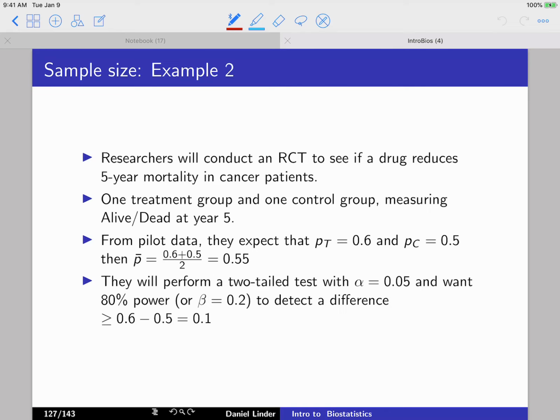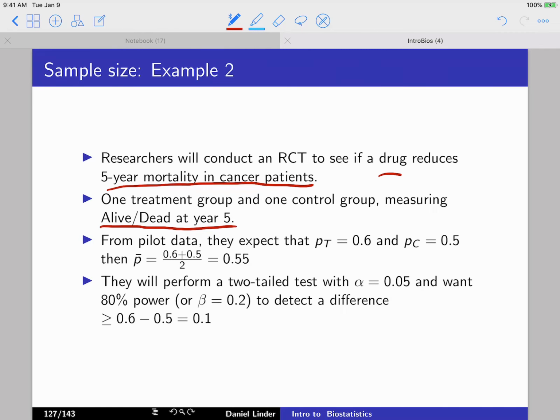Alright, what about example 2? So for example 2, researchers are going to do another randomized controlled trial, and they want to know if a drug reduces 5-year mortality in cancer patients. Okay, so the outcome here is alive or dead at year 5. Okay, so that's an event type of outcome.